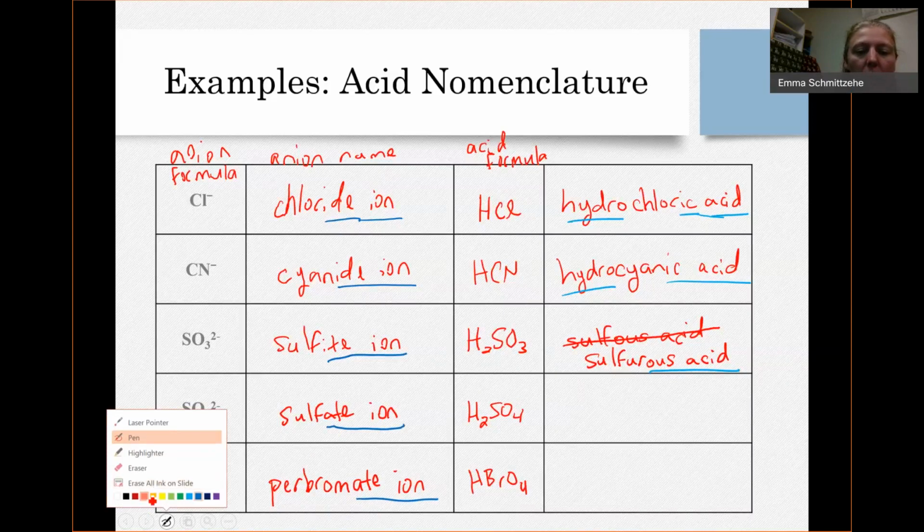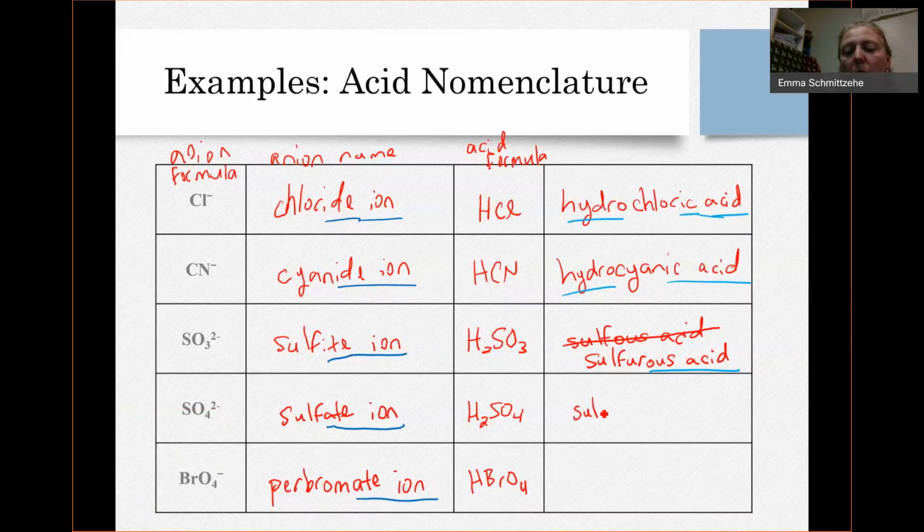Okay, so the sulfate is going to go to sulfic, but we do tack in those extra letters to make it sound a little better. Sulfuric acid. Okay, and then same for this other one, we would take everything but that "-ate" ion ending, so perbrom, and add "-ic" acid to the end.